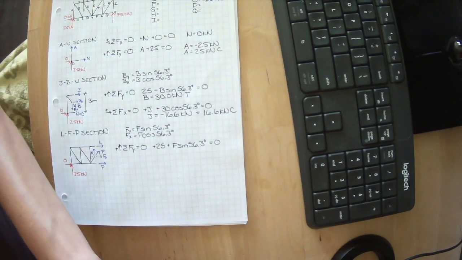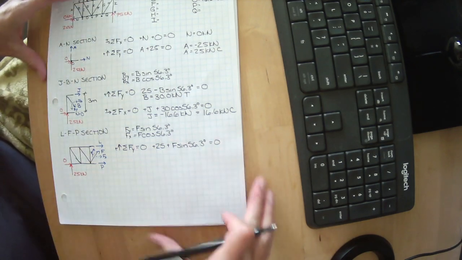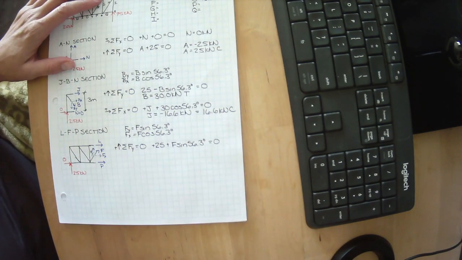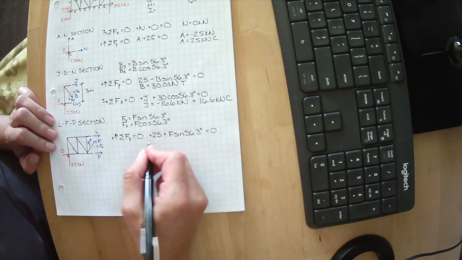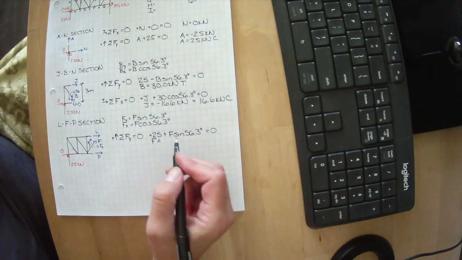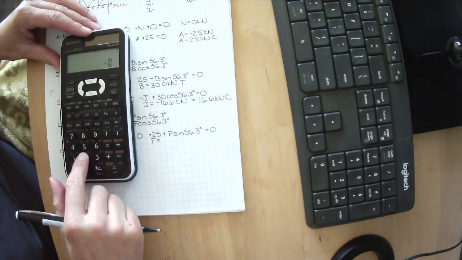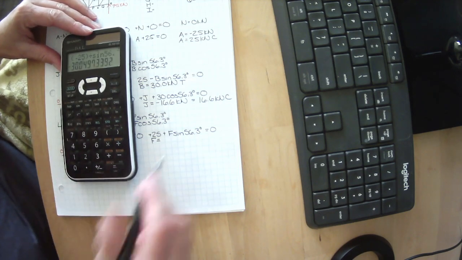Sorry, I just want to very delicately move a cord here without moving anything. Okay, and then let's rearrange this, and we get that F equals negative 25 divided by the sine of 56.3.